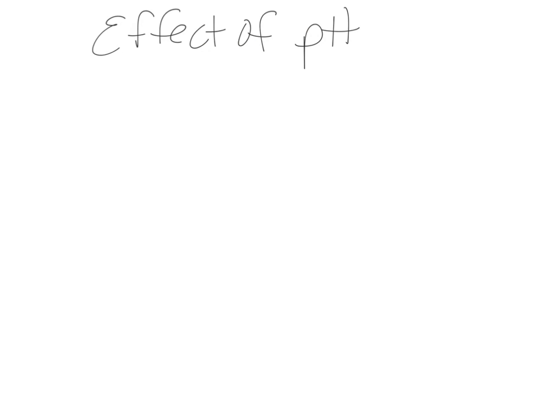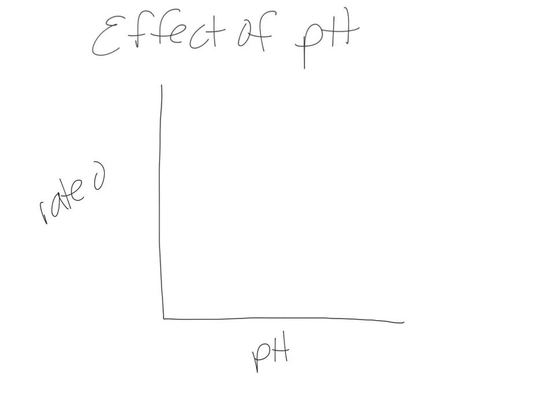So if we have to trace what's going on with the effect of pH on enzymes, we're going to see a really similar phenomenon. Here we've got pH on this part of our graph, and we've got rate of reaction or maximum activity. Those all mean the same thing.